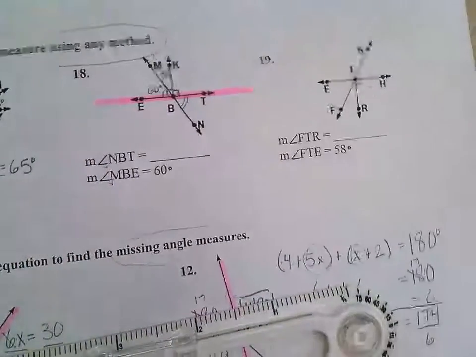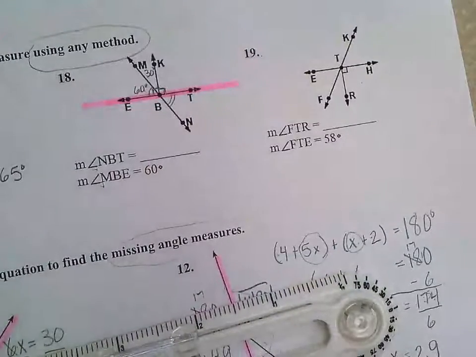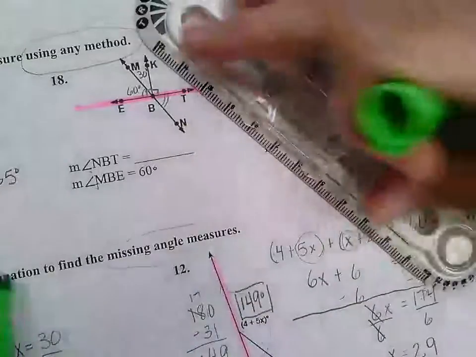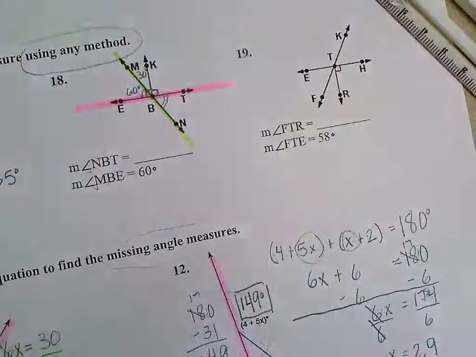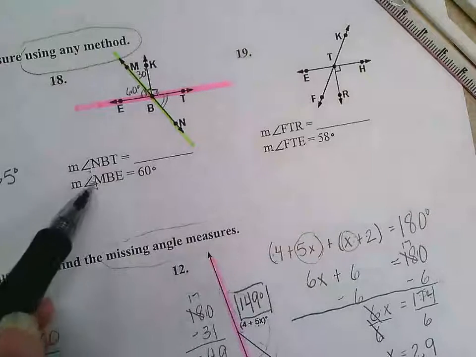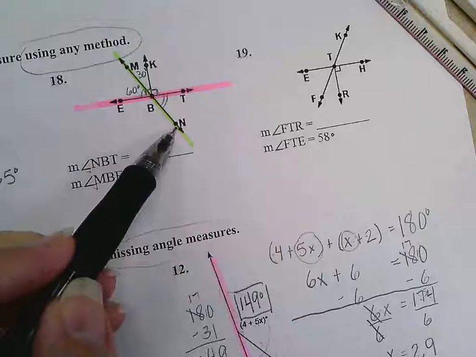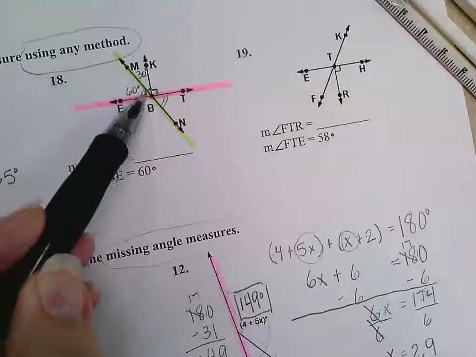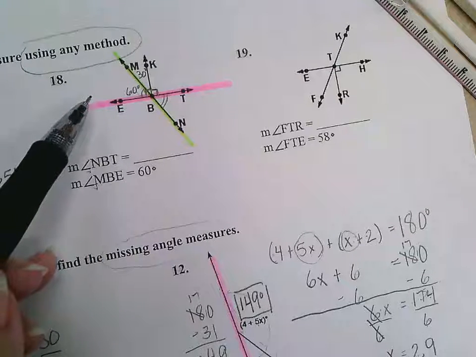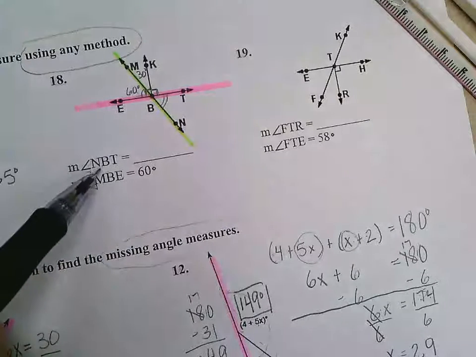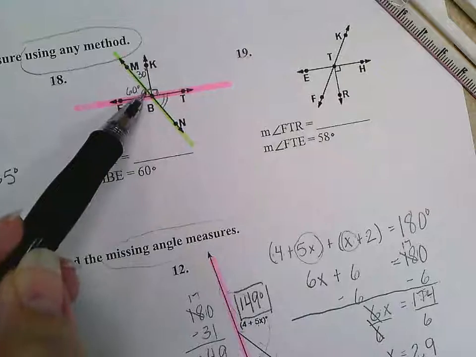Well, you can also see that the angle that we're trying to find is a part of this line right here. We're trying to find the measure of angle NBT.